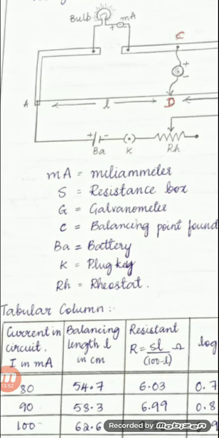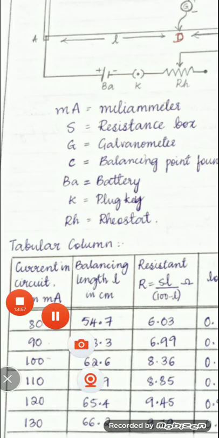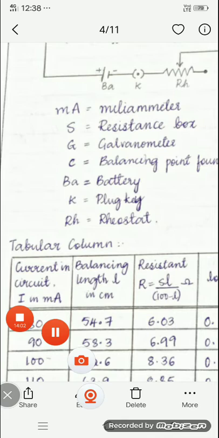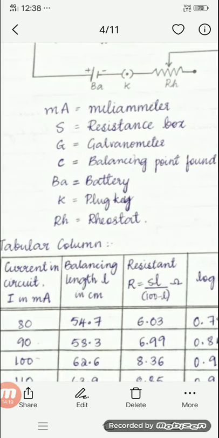You have to note down the balancing length in the balancing length column of the tabular column. Below that, first you note down the current in the circuit in milliamps, then the balancing length when the galvanometer shows zero deflection.